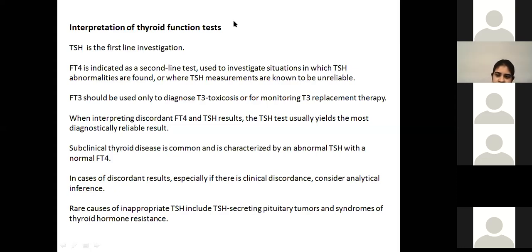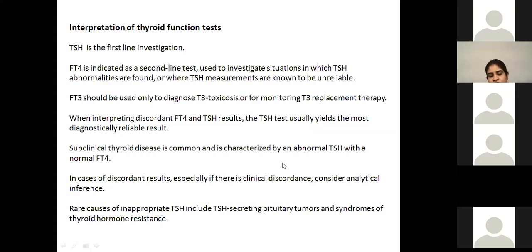Now, there's also a condition of subclinical thyroid disease, and nowadays it has become very common. In that case, you have an abnormal TSH and a normal level of free T4. This is one of the ways that you can infer. All I'm telling you right now is how to infer when you look at a thyroid panel.